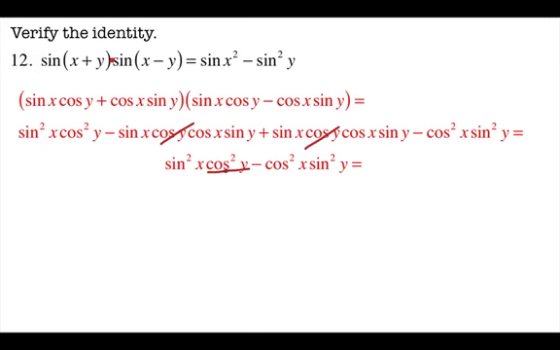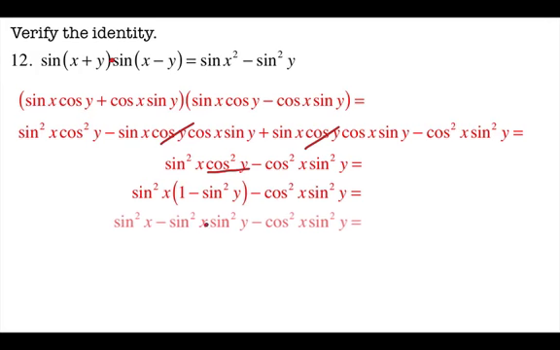I'm going to rewrite this using the Pythagorean identity. So this is what I get. Notice this is still the same, sine squared x minus, and this is still the same. The only thing that changes is I'm using the Pythagorean identity for cosine squared y, and this is what I get. Now I'm going to distribute this, and this is what I get.